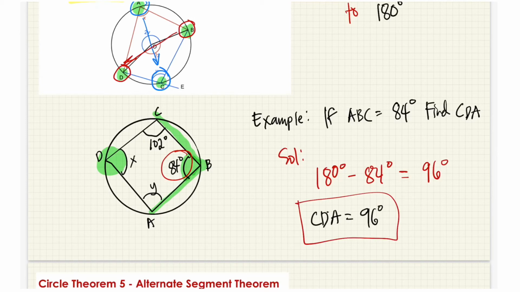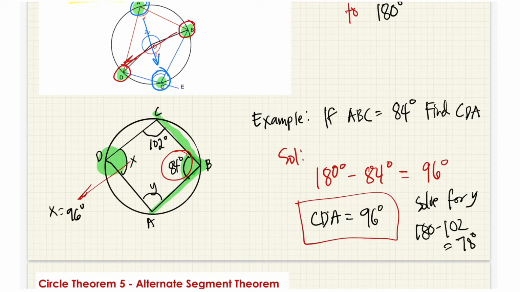So therefore, X is equal to 96 degrees. Now, if you're going to solve for Y, it would be 180 minus 102. The answer would be 78 degrees.